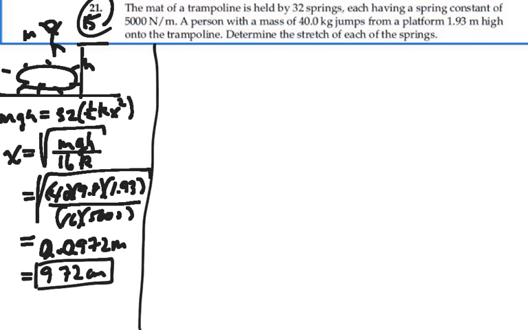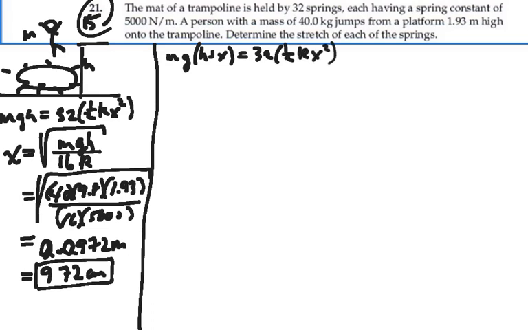That's if we don't consider the stretch of the springs themselves as being height for the person to fall, and that's really something we should consider. So to do this better, we need to consider the extra potential energy of falling that extra x. So we have instead mg(h plus x) is equal to our 32 springs 1/2 kx squared.